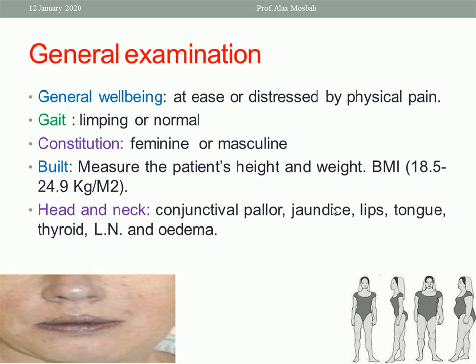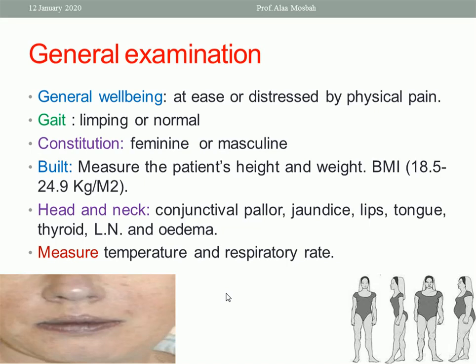Head and neck examination: conjunctival pallor, jaundice in the sclera, lips for cyanosis and pallor, and the undersurface of the tongue also for cyanosis, thyroid for any nodules or enlargement, goiter or any nodular thyroid disease or tumor, lymph node enlargement in the neck, and edema in the face and the neck. As you see in the picture, this is cyanosis in the lips.